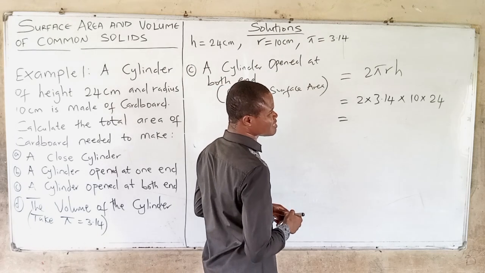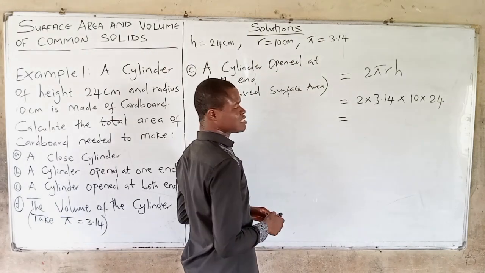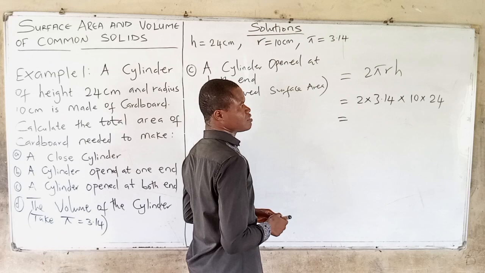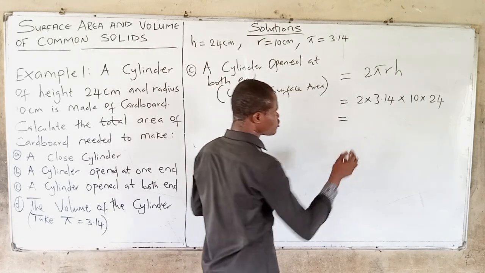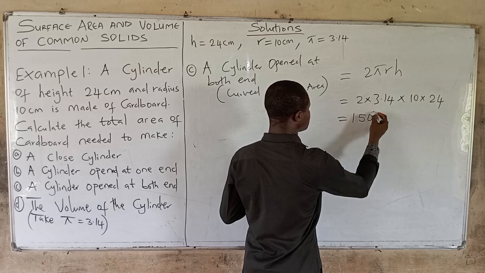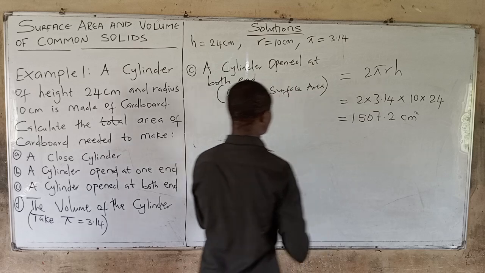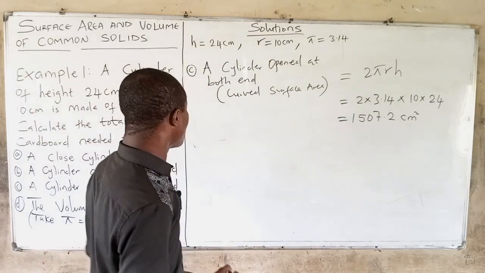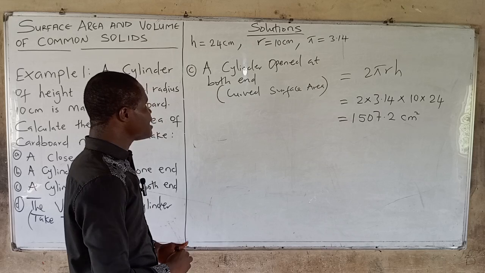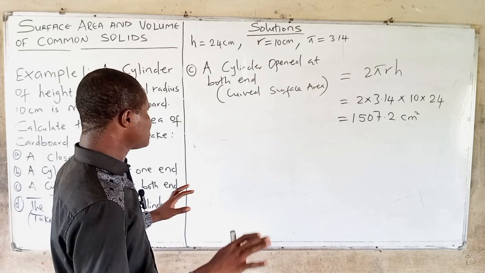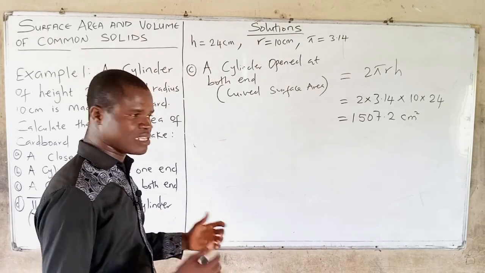So 6.28 times 10 will give us 62.8. And 62.8 times 24 will give us 1507.2 centimeter square. So this is it for the area of a cylinder opened at both ends. That is just describing the curved surface area.